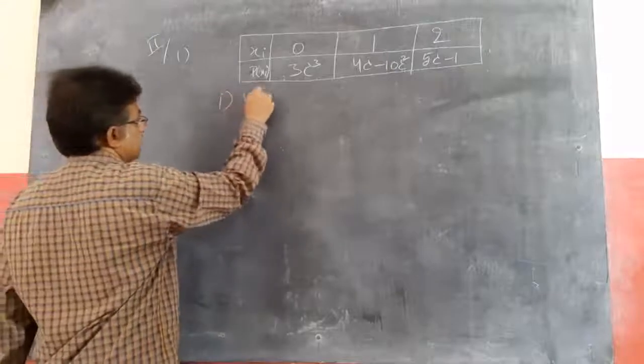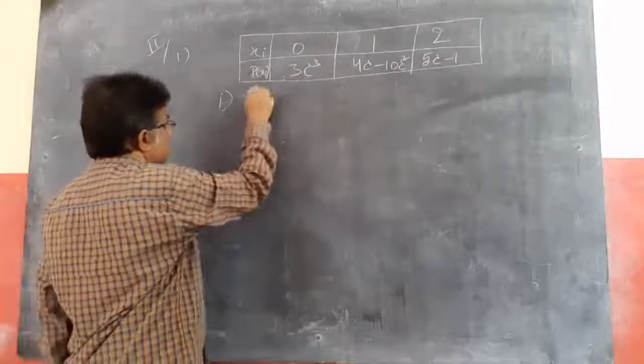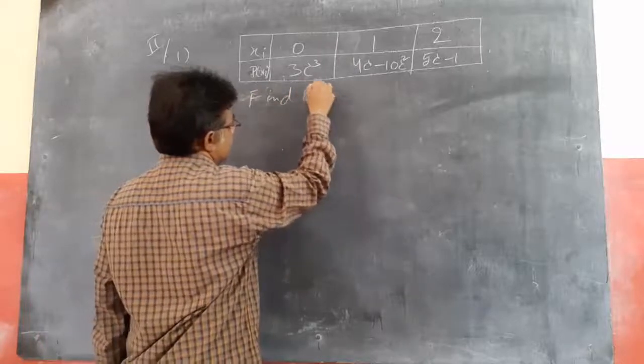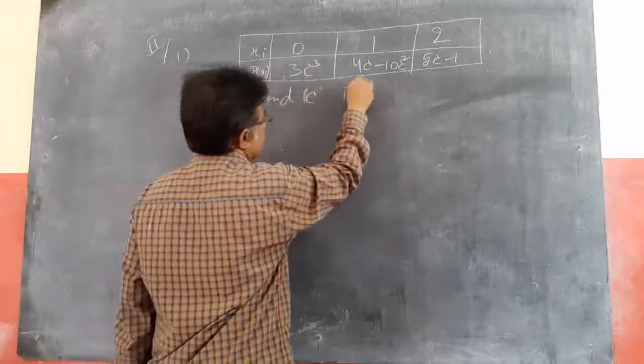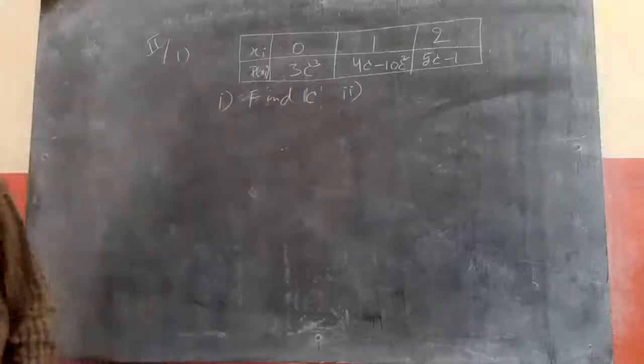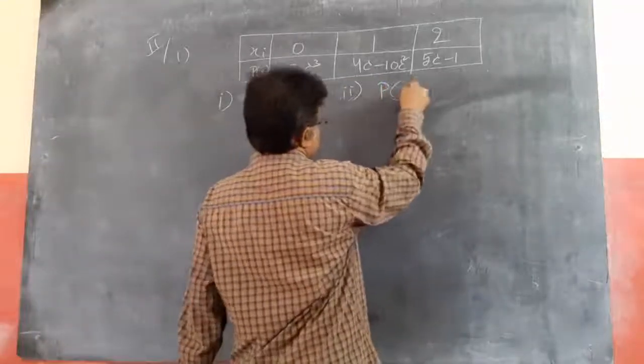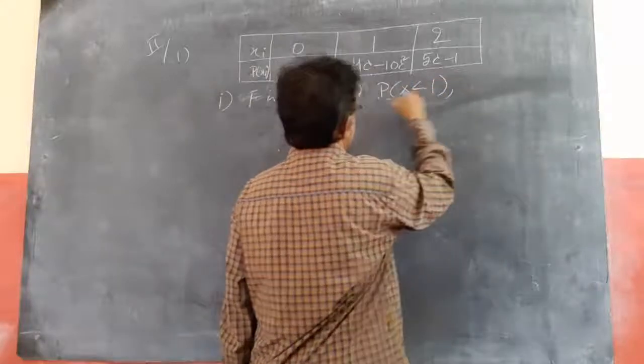Then number 1, find the value of c. Next, second bit, P of x less than 1.